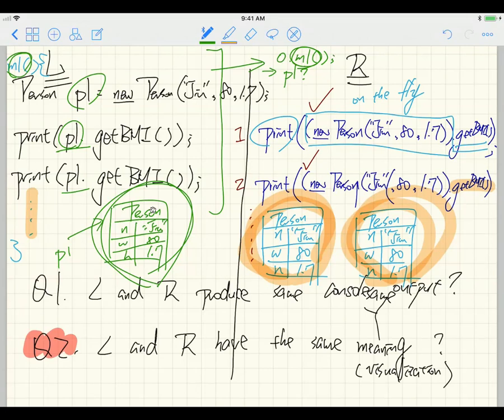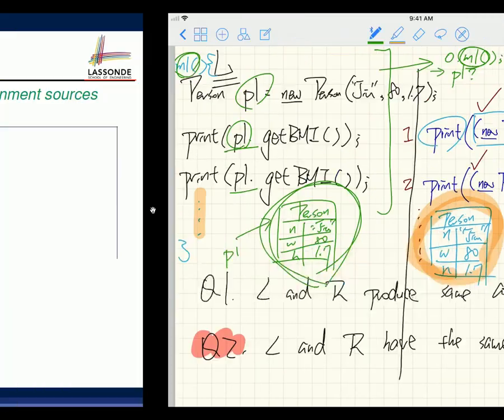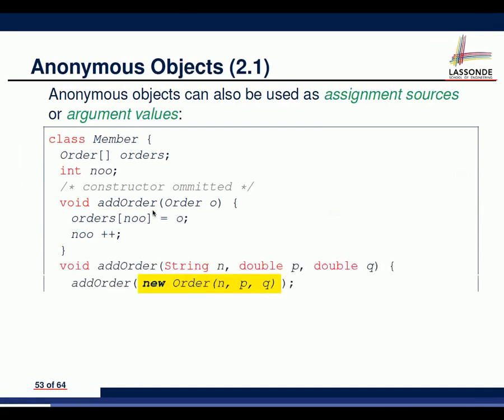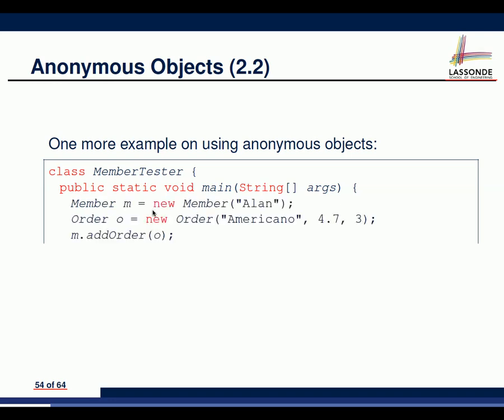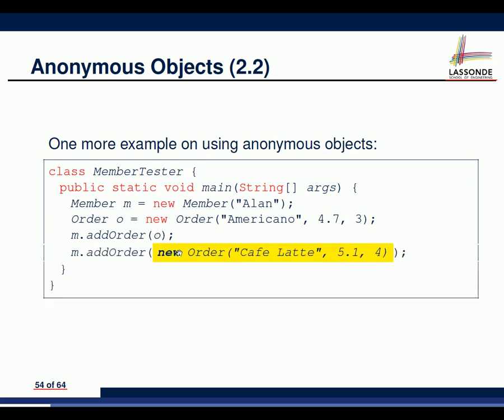Okay, good. What I would like to do is one more example, for anonymous objects, but I think this one you have seen already. Let's say we have a tester here, and we have a method M, and we have some named object O, and we can also pass an object as an argument value. Now this should be quite straightforward.